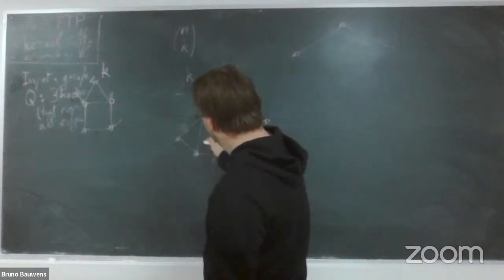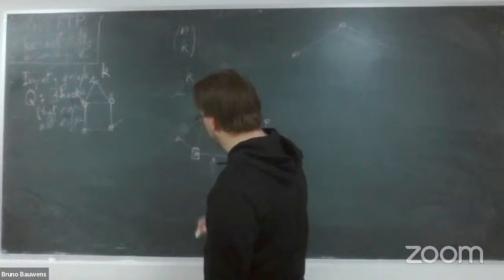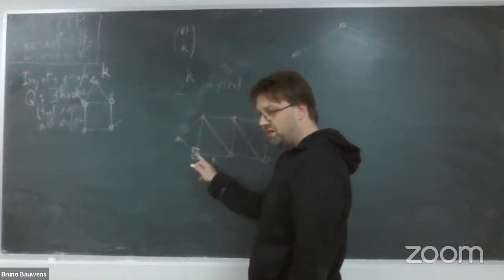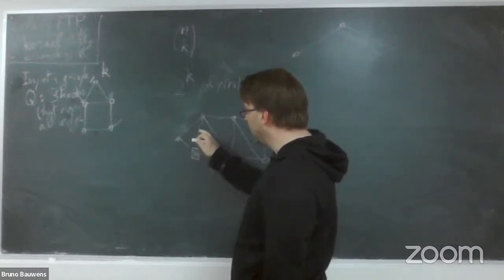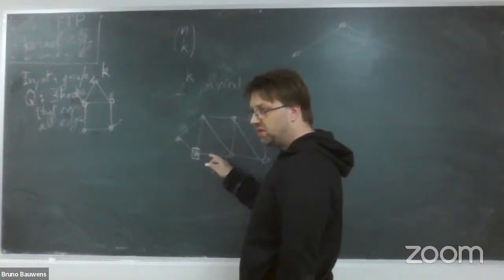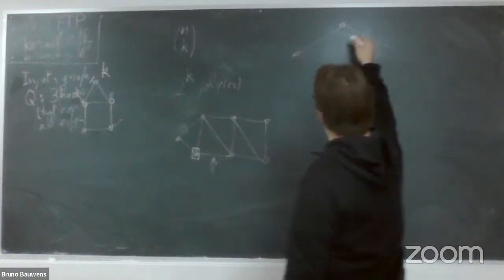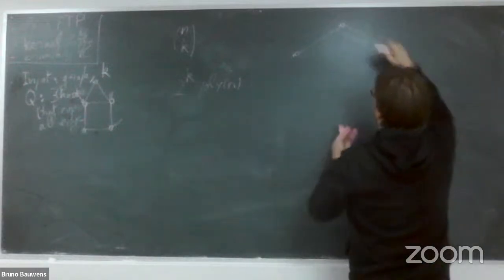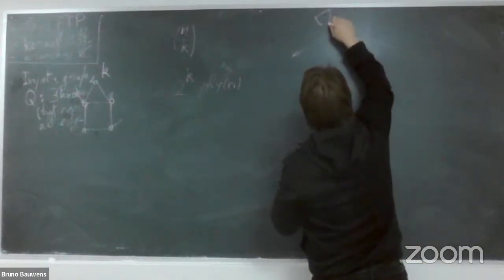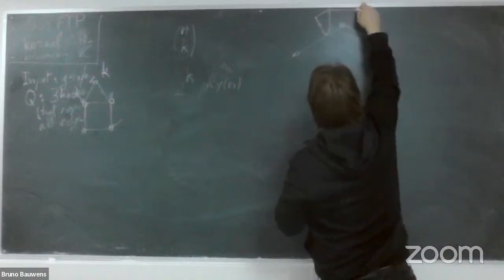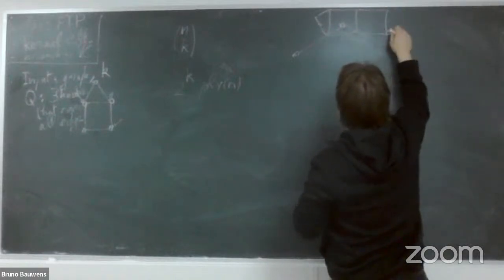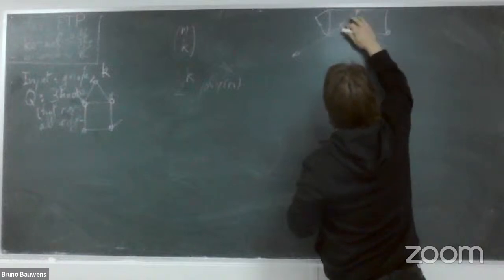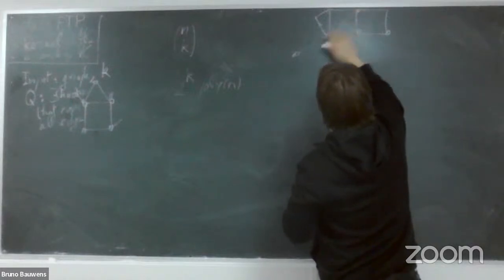So we can say, let us put this node in the cover and then remove all the edges that are already covered. So this is the graph with which we start.